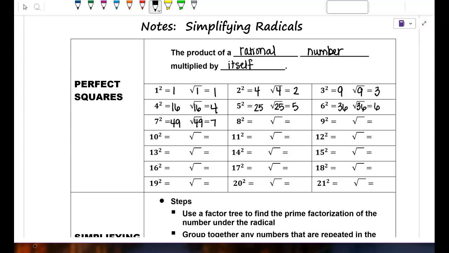Valeria, 8 squared. So the square root of 64 is? Ruby, 9 squared. Square root of 81. Stephanie, 10 squared. Square root of 100.